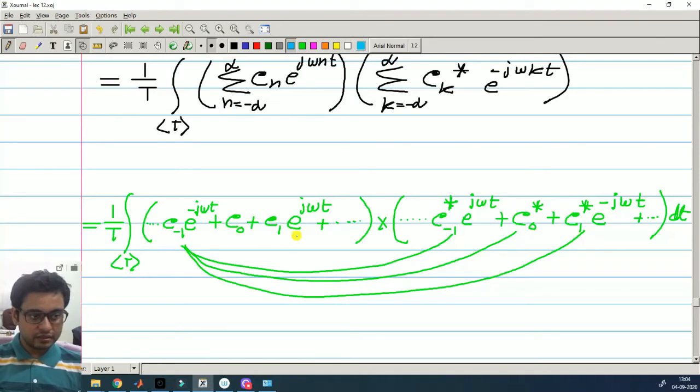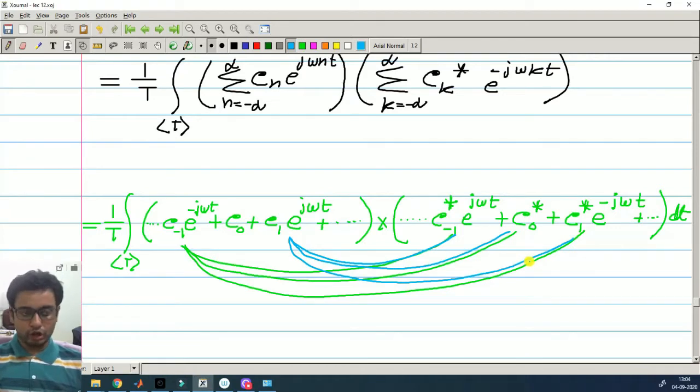Similarly, this will get multiplied with this, this, this, and so on. Now, among so many possible pairs, after integration, most of them will give us 0.